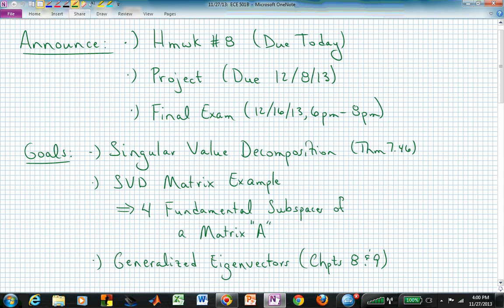This is the last result in Chapter 7, the singular value decomposition theorem, Theorem 7.46. Maybe we could feel comforted in the fact that we've looked at 46 different things in Chapter 7, potentially. But then I want to walk through a singular value decomposition matrix example.